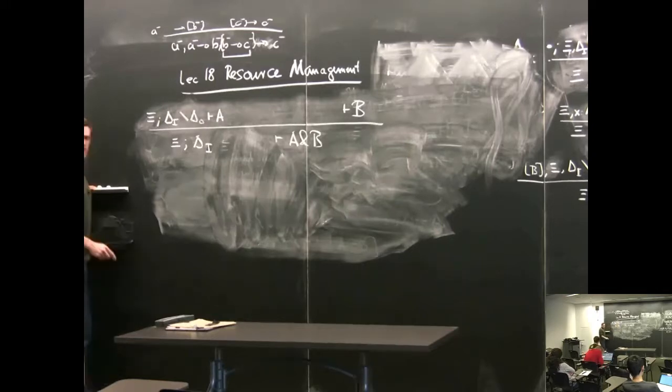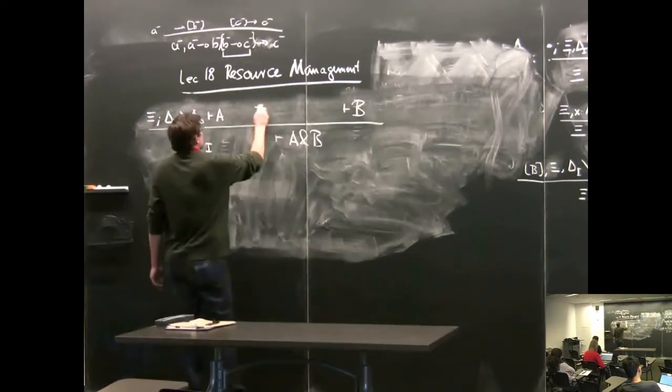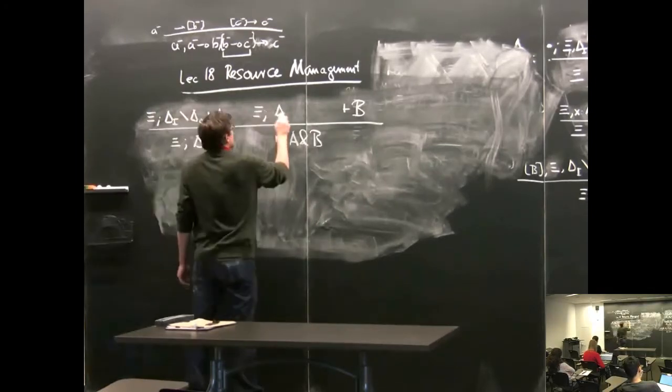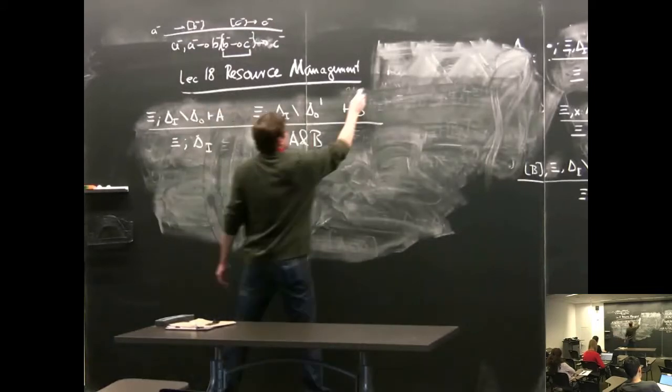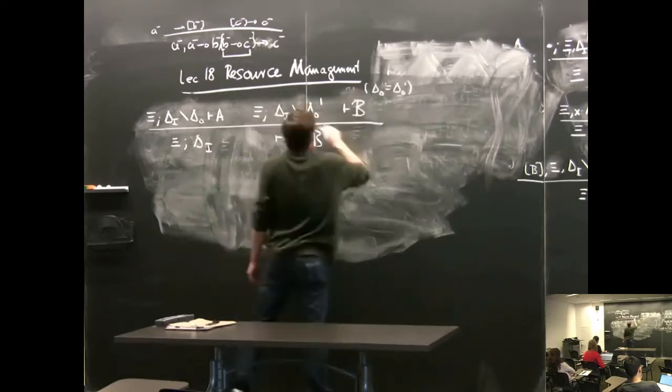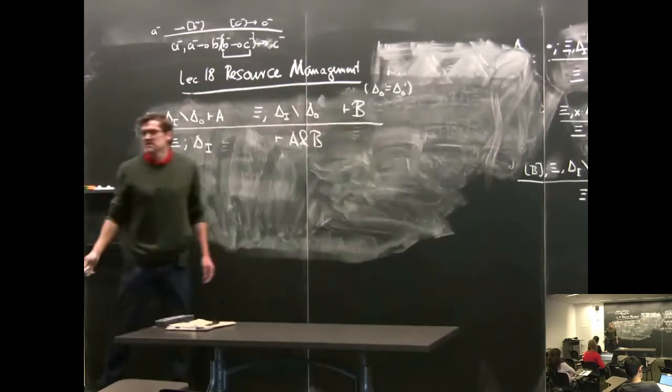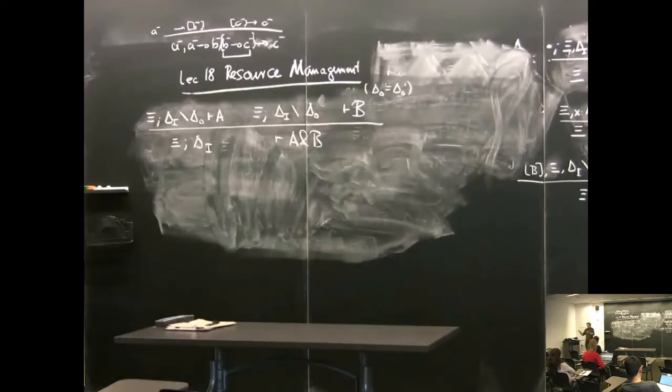Now, what's the second premise? Exactly the same, and the two delta O's have to be equal. So that's one way of doing it. Exactly the same: from delta I, we get out delta O prime, and we have a premise that says delta O must be equal to delta O prime, or we could just write delta O here. That's the way we're used to skirting around that issue.